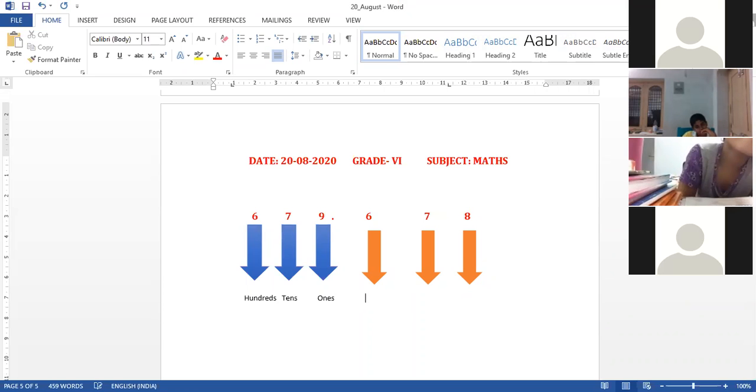Tenths place. 7 is present in which place? Hundredths place. Hundreds and hundredths are different. Don't write. Next, 8 is present in which place? Thousandths place.